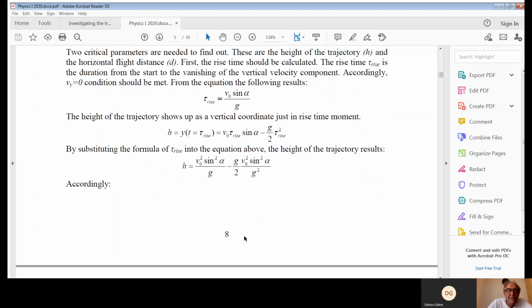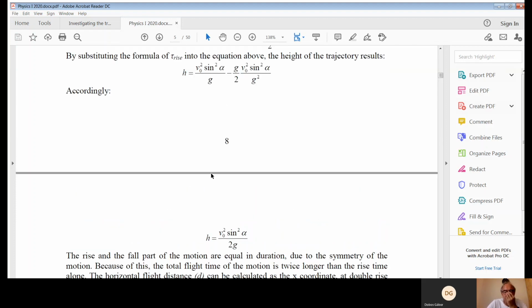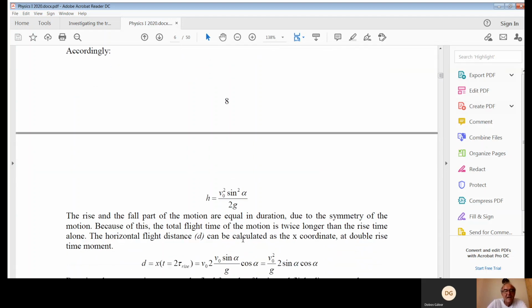Exactly. Now, if we add them together, we get an easy result: V null squared sine squared alpha over 2g. This is the highest value in the trajectory. The rise and the fall parts of the motion are equal in duration due to the symmetry of the motion.